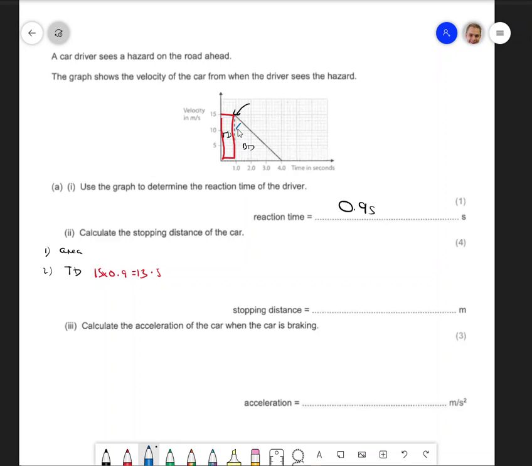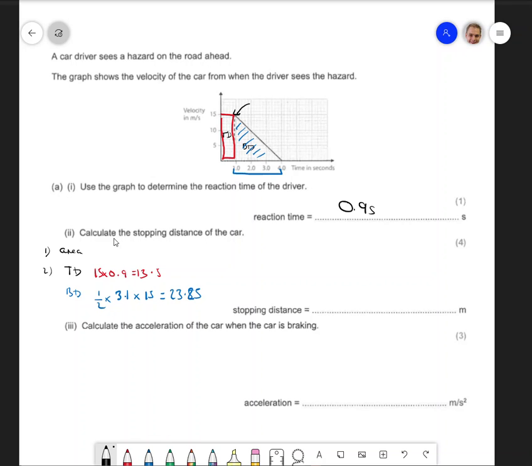And the area of this one, because it's a triangle, is a half times the base, which is 3.1, because we're going from this time here, which is 0.9 seconds, to 4. And the height is again 15, which is 23.25.